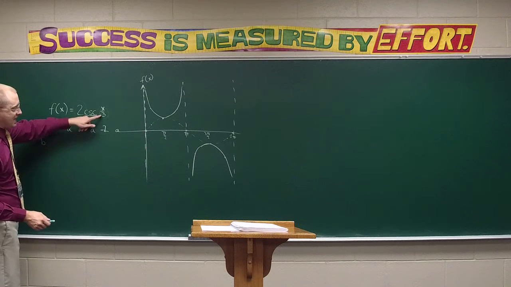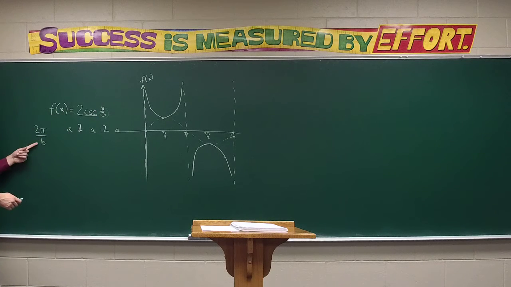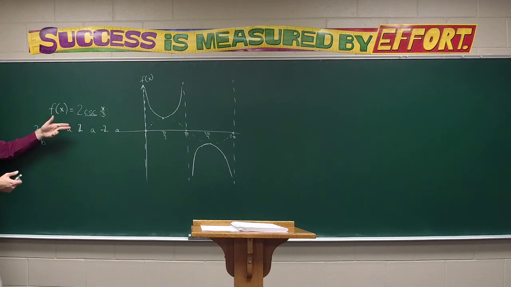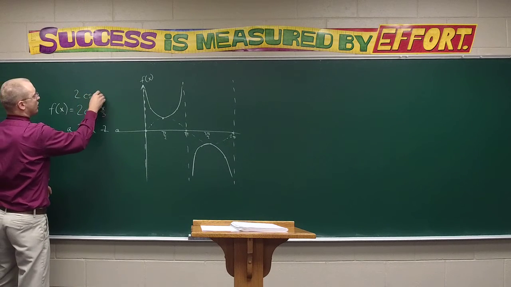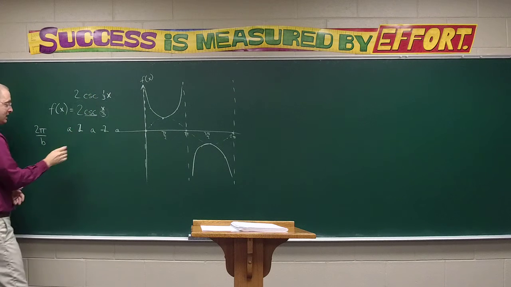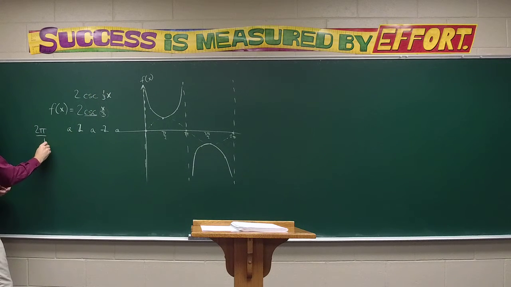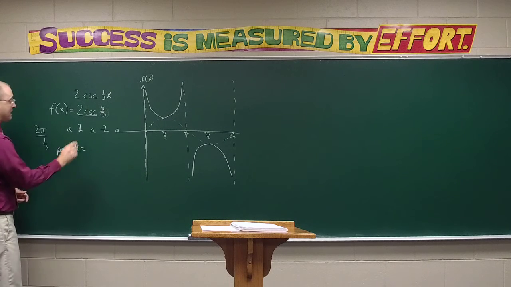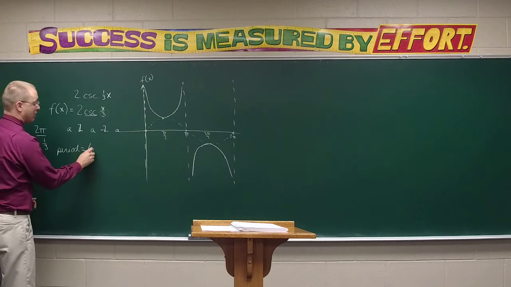What is multiplied by the x here? Not a 3, but a 1/3, right? This could also be written 2 times the cosecant of 1/3 x. So the b here is actually a 1/3, meaning the period of this graph is going to be 6 pi.